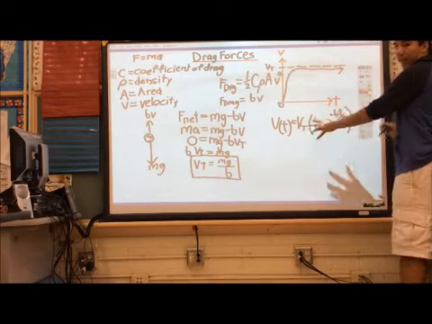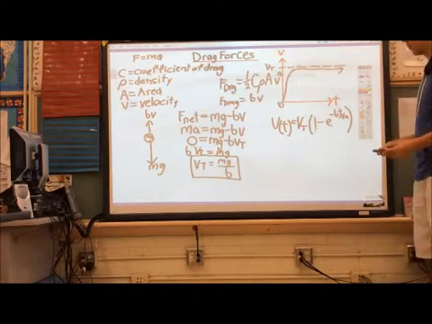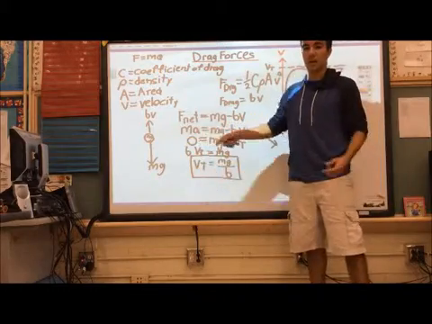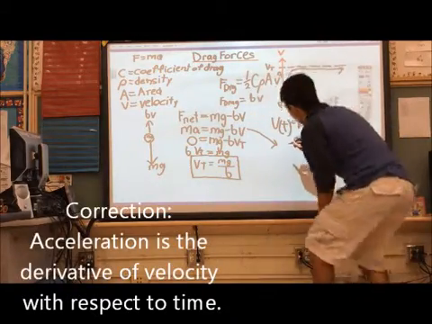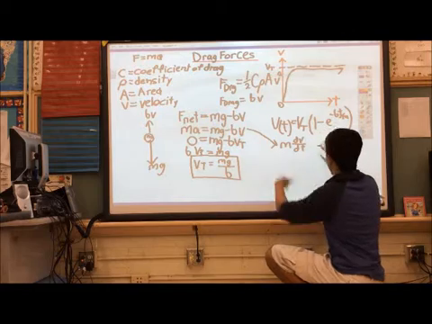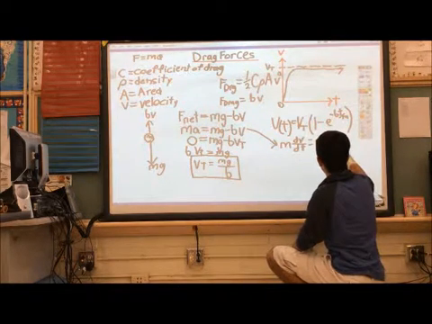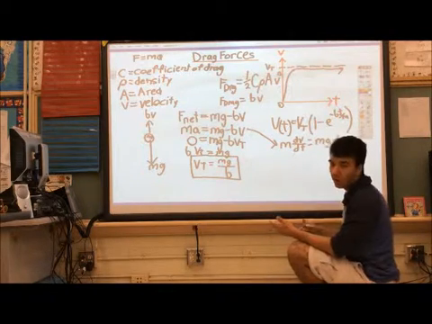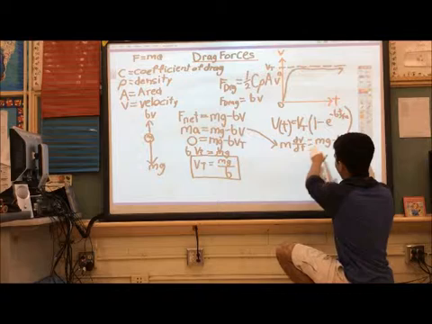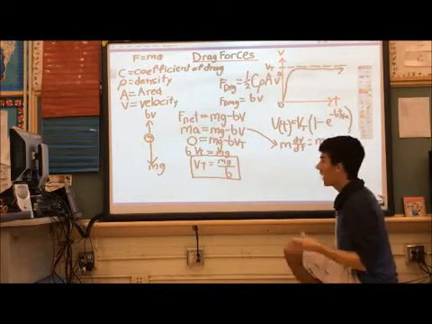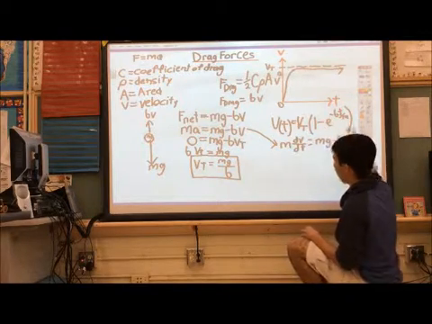And the way you arrive at this involves some calculus, because this, since acceleration is the derivative of velocity, can be rewritten as m dv over dt. And that's still equal to mg minus bv. So if you really wanted to, and you know calculus well enough, you could move the v's to one side, the rest to the other, and use some integration and come up with this formula.